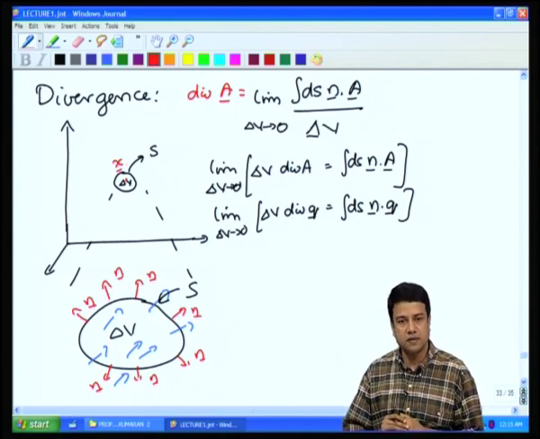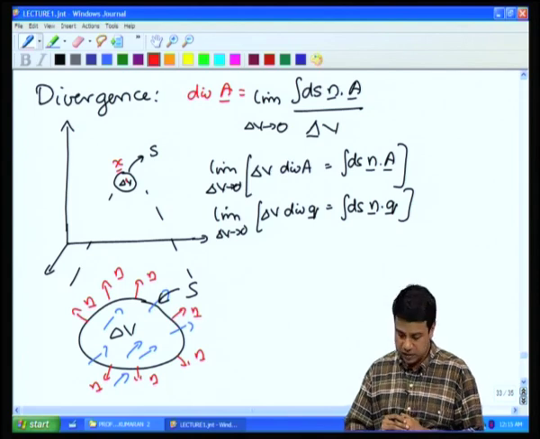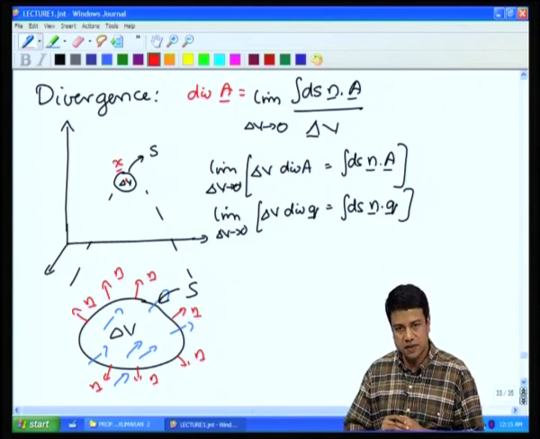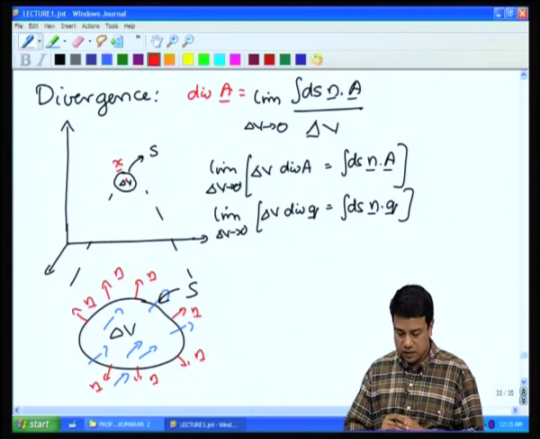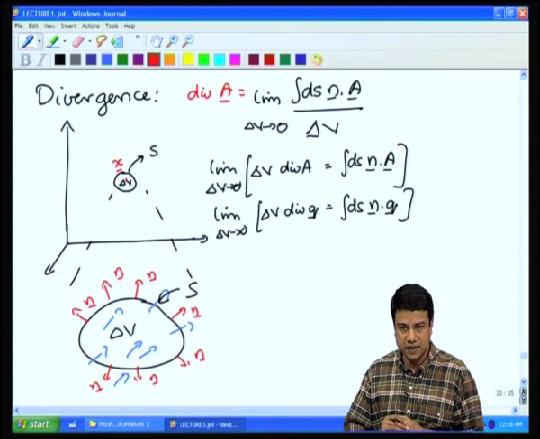I had expanded out this volume delta V for you. Delta V has a surface S. At each point along the surface, you can define the unit normal n, shown in red in this figure. At each point, you define the outward unit normal directed outward from this volume.